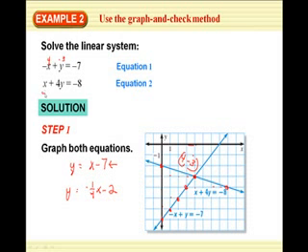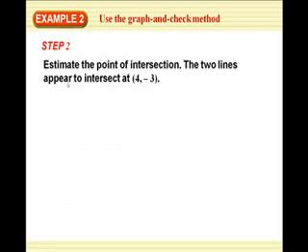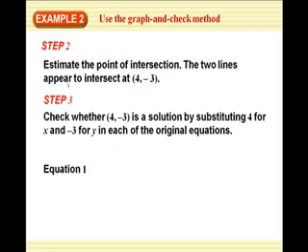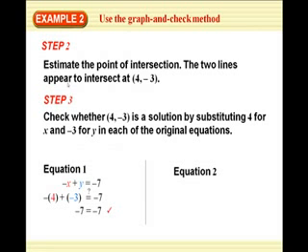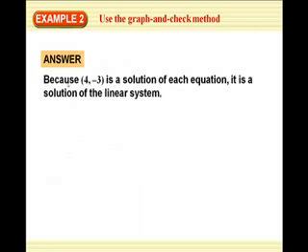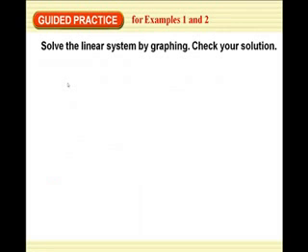Okay, 4 plus negative 3 times 4 is negative 12. That's negative 8. It works in both of them. So 4, negative 3 is the solution to our system. They're just going to substitute it in just like I did, and we'll find out that that ordered pair is a solution for the system.